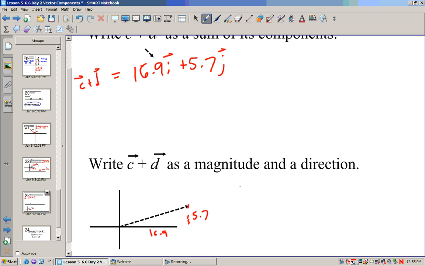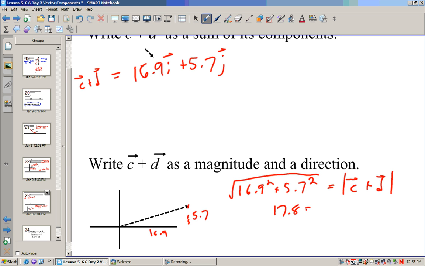So its magnitude is going to be 16.9 squared plus 5.7 squared. Add them up, square root them, and that's going to be the magnitude of C plus D. Square root of that is 17.8. So 17.8 is going to be my magnitude.